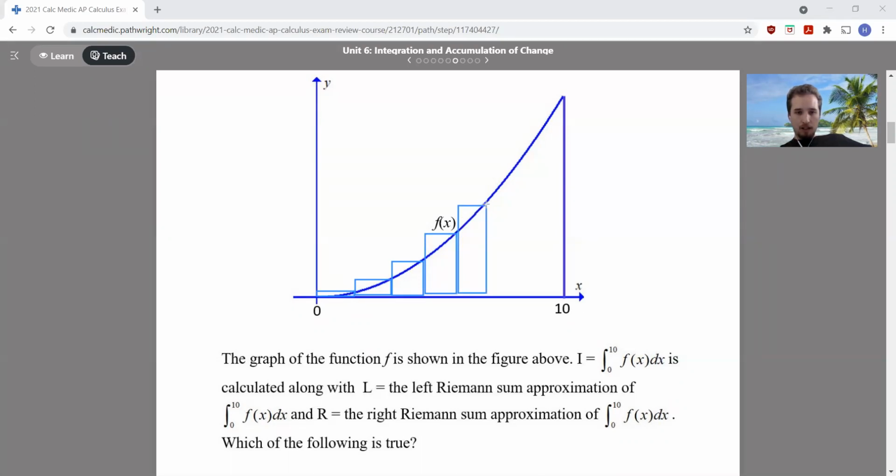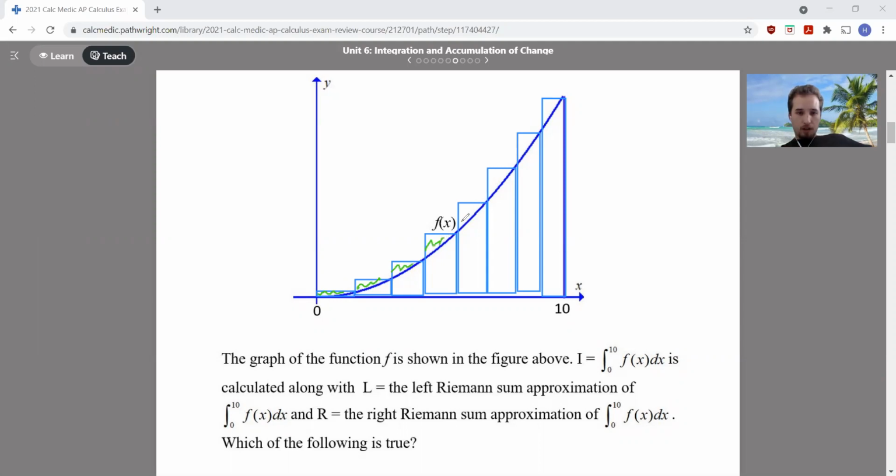But you can already see there's a lot of over approximation because we're using the right value. You can see all this, I guess I'll use green instead.